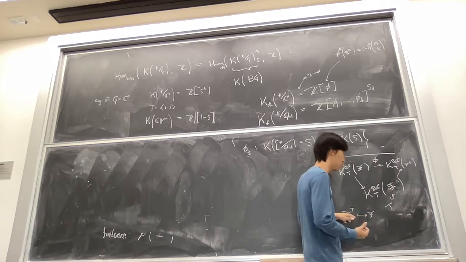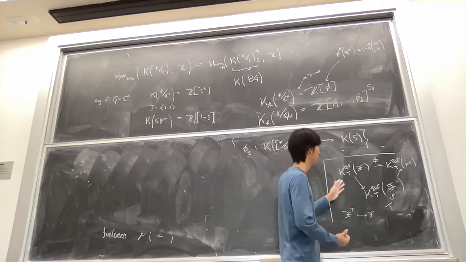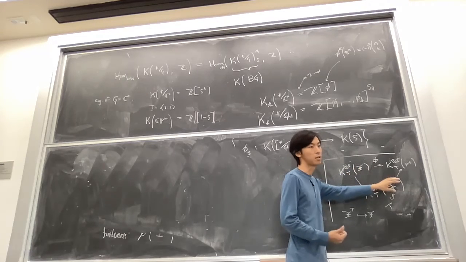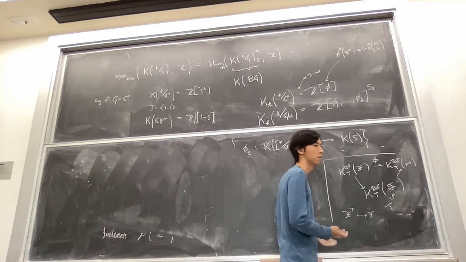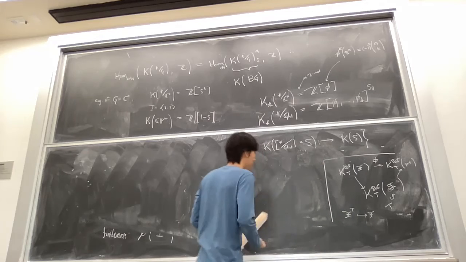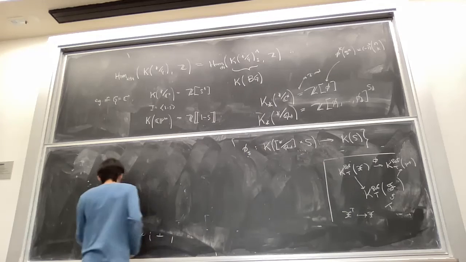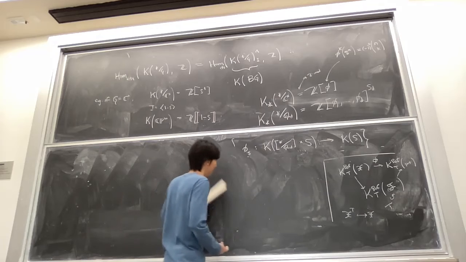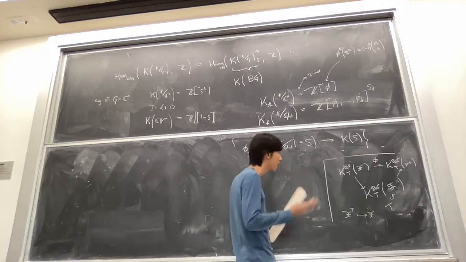I don't care if it's actually the whole thing. So for example, when this is supported on the scheme-theoretic locus, this really can just be the fixed locus. Somehow the moral of the story is that everything is more complicated when you have to work with the stack.